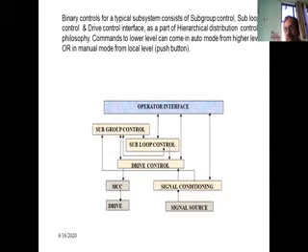Sir, here, what is the work of subloop control? Yeah, we are just discussing this. Suppose there are 2 or 3 lube oil pumps. I have given the example of this.